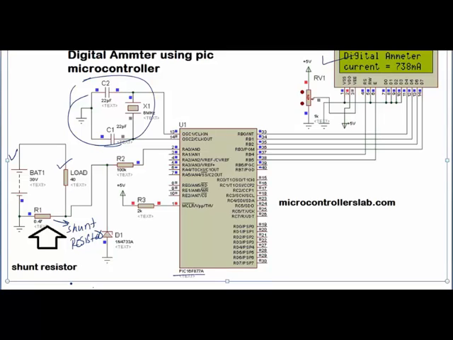First of all, we are using a 0.47 ohm shunt resistor. So what will be the maximum current in this circuit?